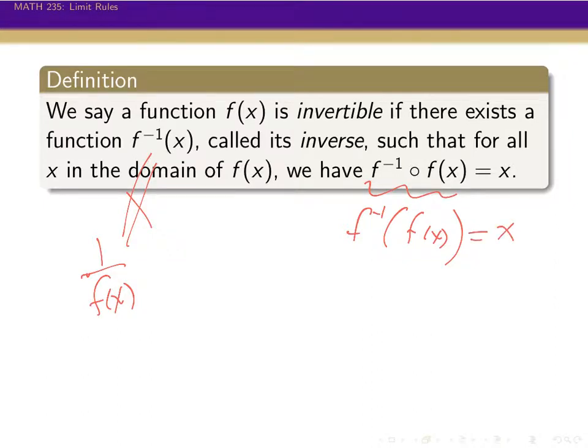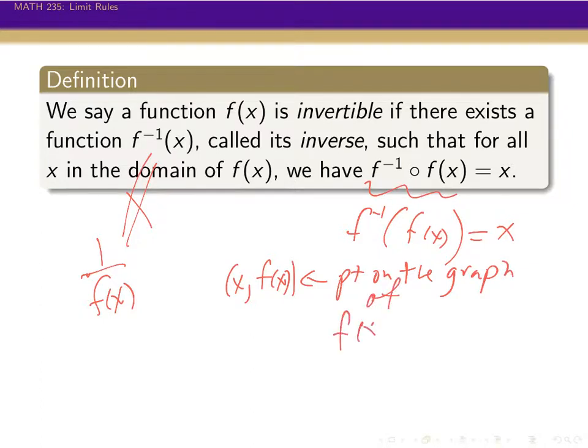And so what this means is that if x, f of x would be a point on the graph of f of x, well, then if we swapped the x and the y values, so if we plug f of x into f inverse, we get x back out.